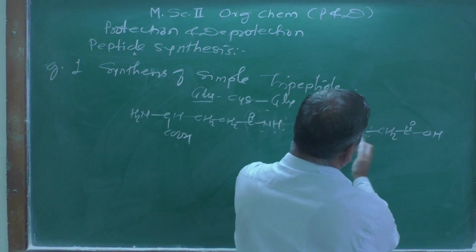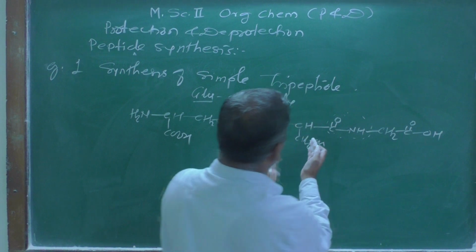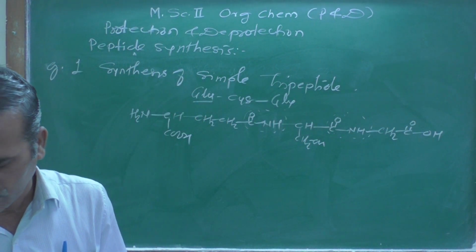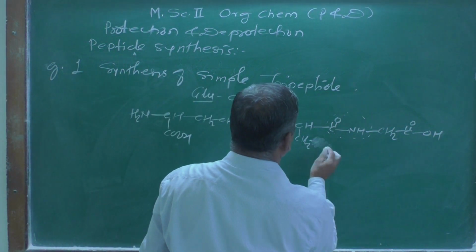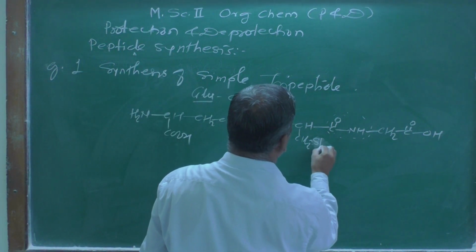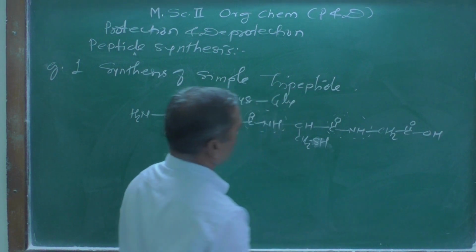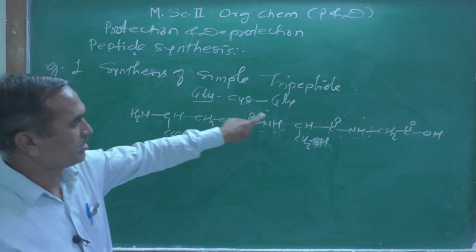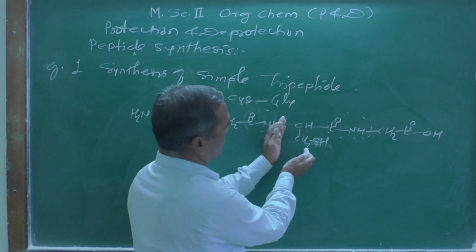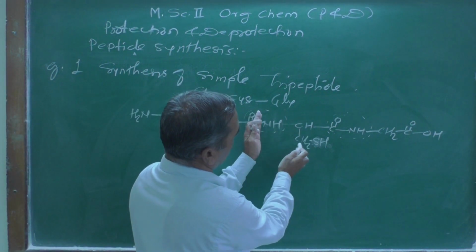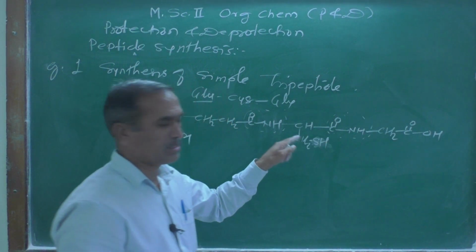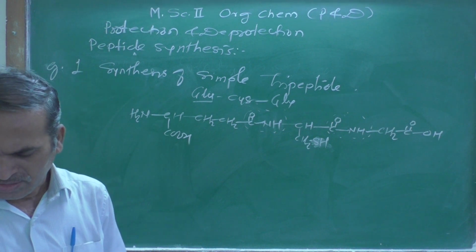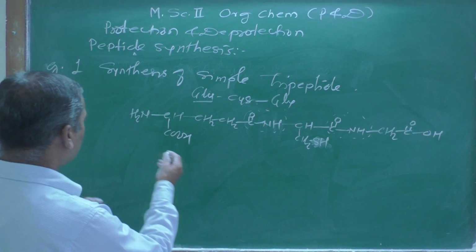As we know, the terminal one here is glycine, and the middle one here is cysteine having an SH, not the OH. Please correct this, CH2 SH, not the OH. That is cysteine. Cysteine, as we know, is NH2 CH CH2 SH C double bond O. R is nothing but CH2 SH.